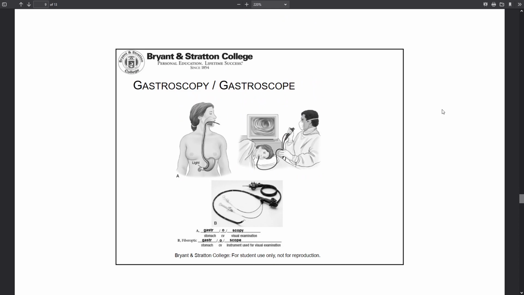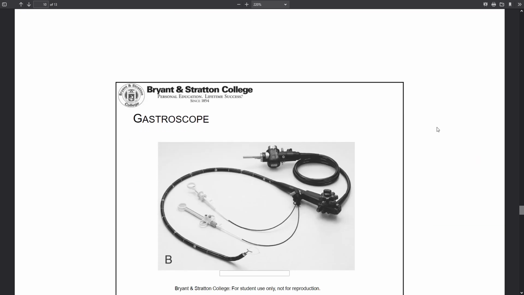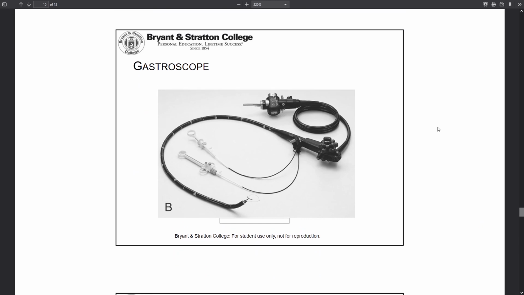Here at a gastroscope, basically you've got a scope with a light and a camera on the end, fed down the digestive system, esophagus, and through the stomach. You're basically looking for things like ulcers or lesions, abnormal growths. Here's a closer up view of the gastroscope.